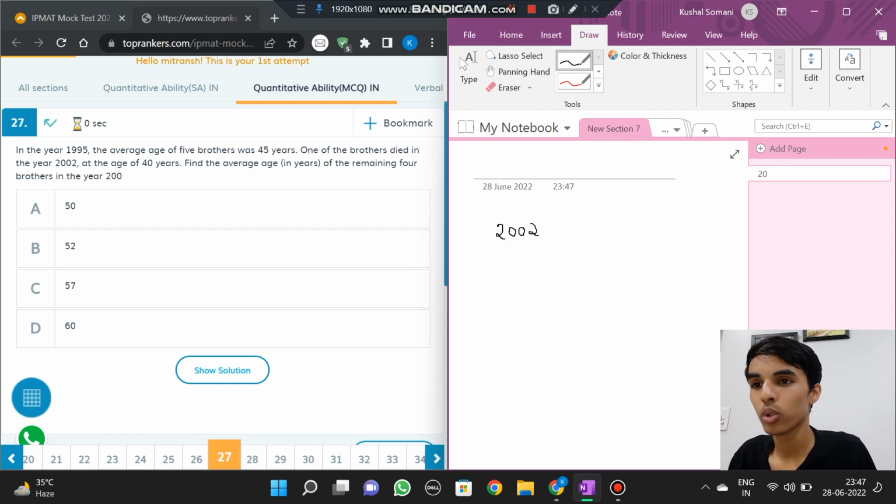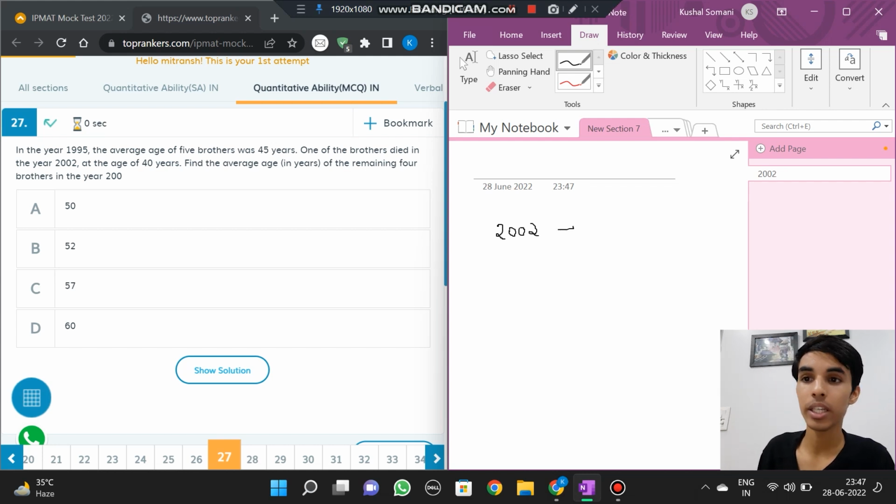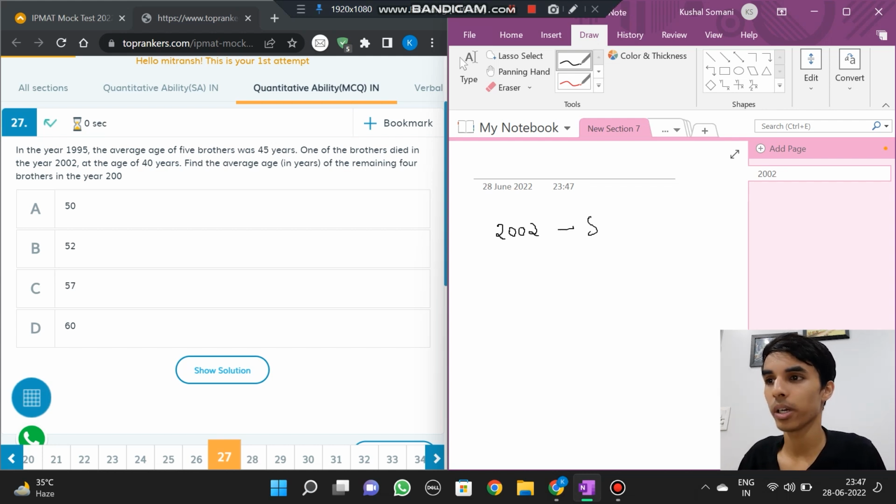So in year 2002, since till then none of the brothers has died, the average should just increase by 7 years. The average is 52 years in 2002. But after the death of the brother, who was of age 40, the average age will change. So let's calculate that. In 2002, average age was 52. So the sum of the ages was 52 into 5, since the 5 brothers were there, it will be 260.